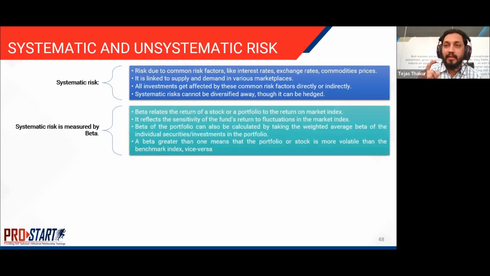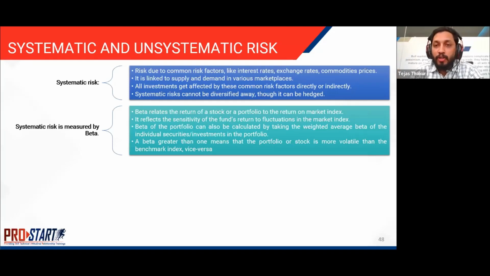Beta is basically, if we are comparing our portfolio with the benchmark, more or less the portfolio will include constituents which are a part of the benchmark, and hence how much the benchmark correlates with the portfolio is what is determined by the beta. Beta relates the return of a stock or a portfolio to the return on the market index. It reflects the sensitivity of the fund's return to the fluctuations in the market return.